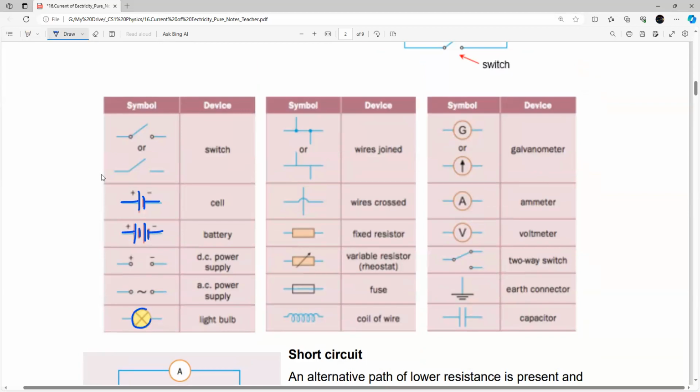The bulb, a fixed resistor or a load, a variable resistor, same symbol as the fixed resistor, just with the arrow to show that it's variable. An ammeter, a symbol A, to measure current. A voltmeter with a capital V to measure voltage.